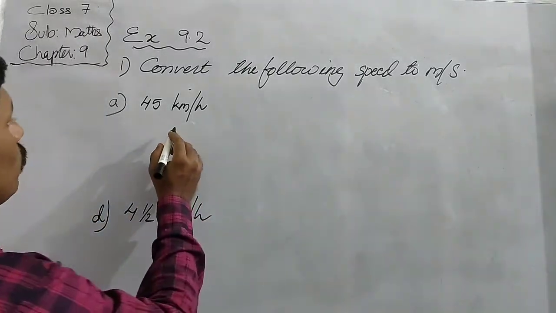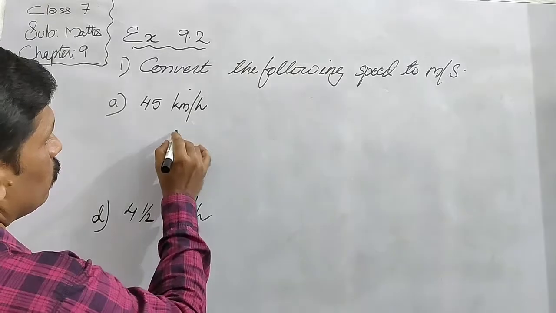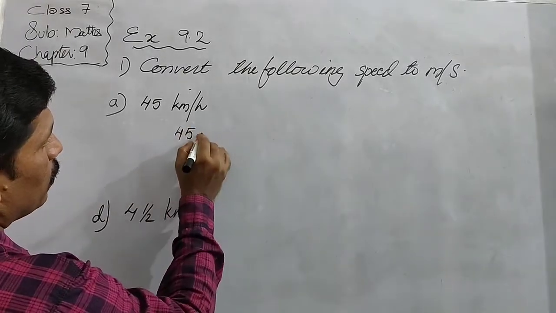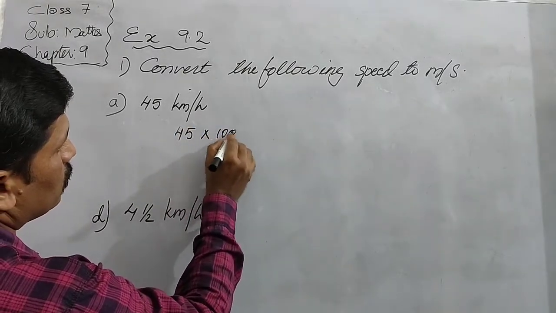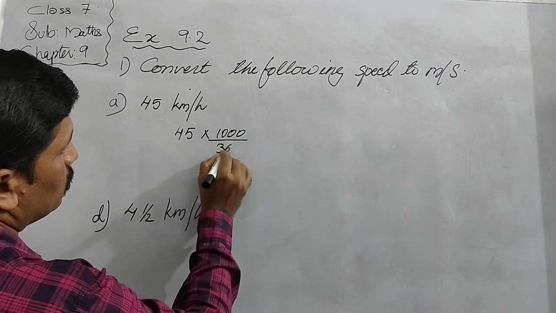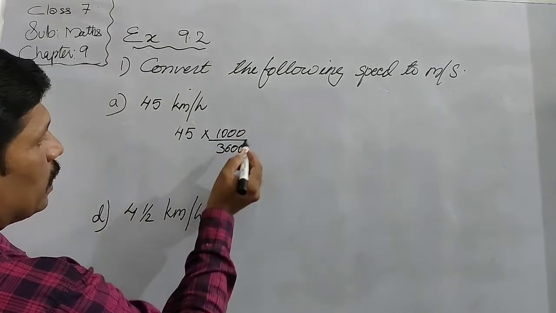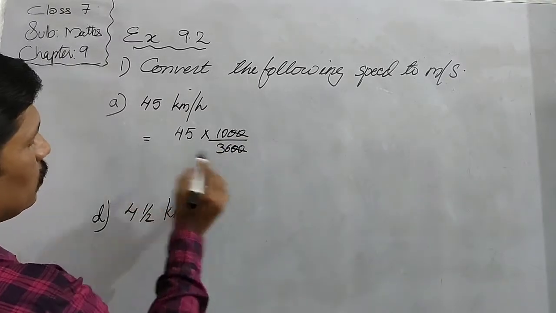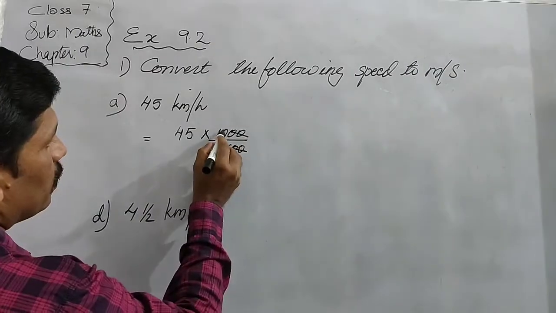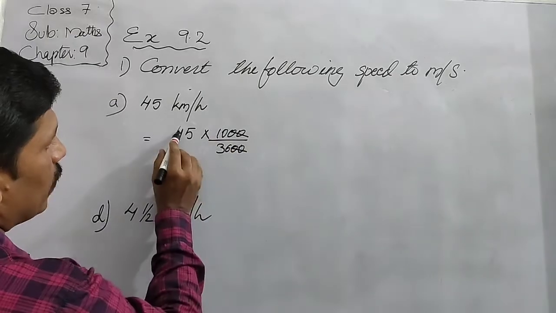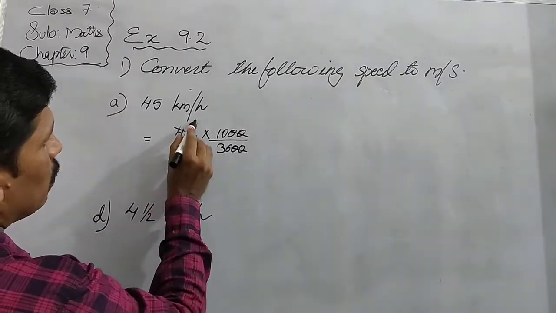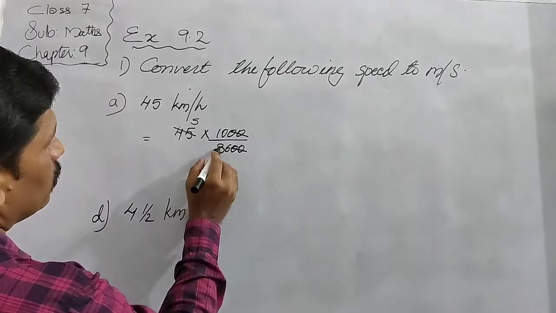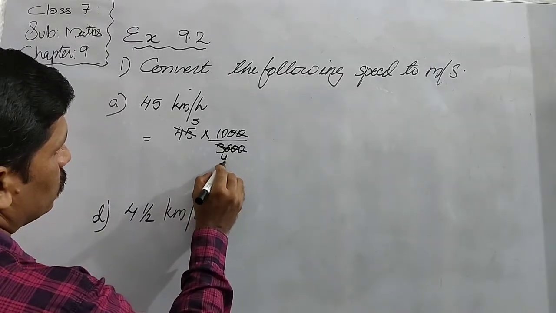So here 45 kilometer per hour is equal to 45 into 1000 upon 3600. So here students, both zeros we can cut, and then you know from the 9 table both are coming. 9 5s are 45 and 9 4s are 36.